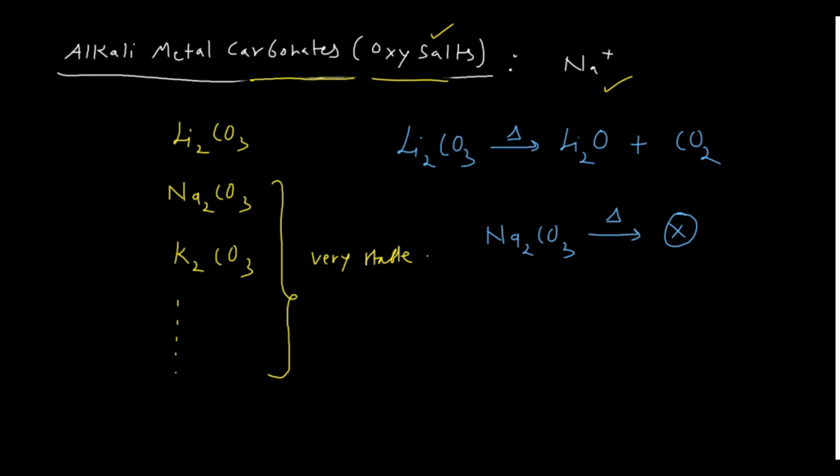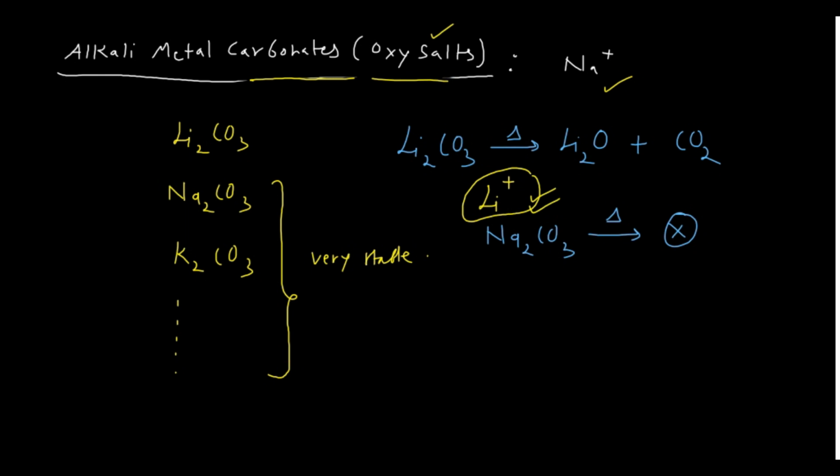Why is it happening in that case? The reason is the same as before, though the explanation is different. This cation, Li+, is small in size, so its polarizing power is very high, and it can form salts with small anions.